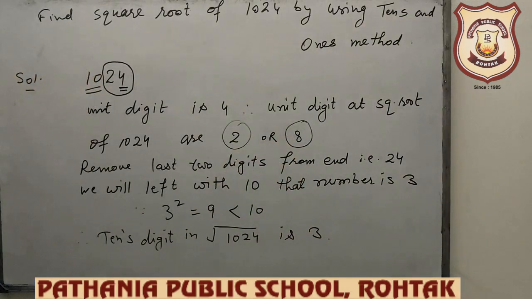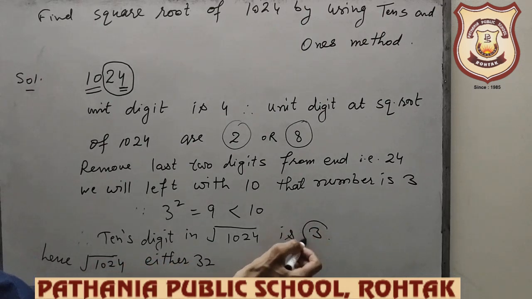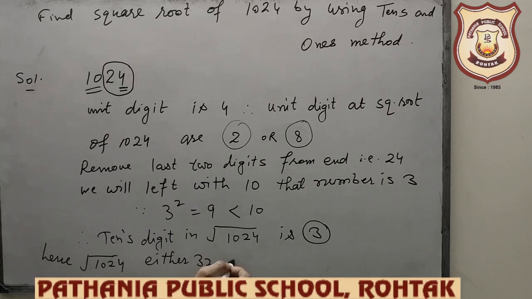And what are the units place digits? 2 or 8. So hence the square root of 1024 is either 32, because the tens digit is 3 and the ones digit is 2, or 38.